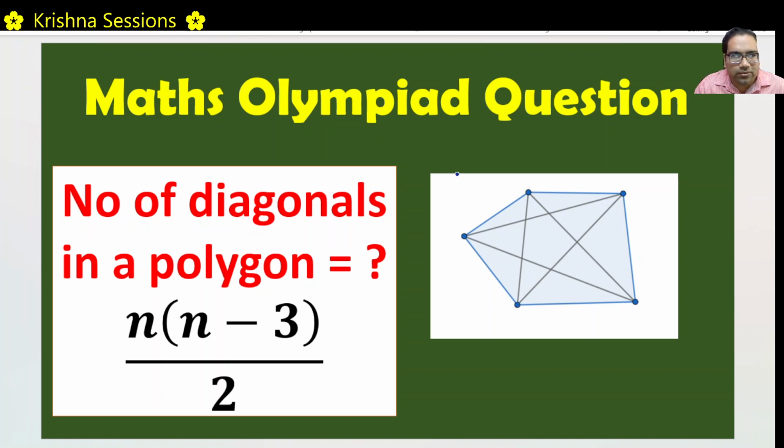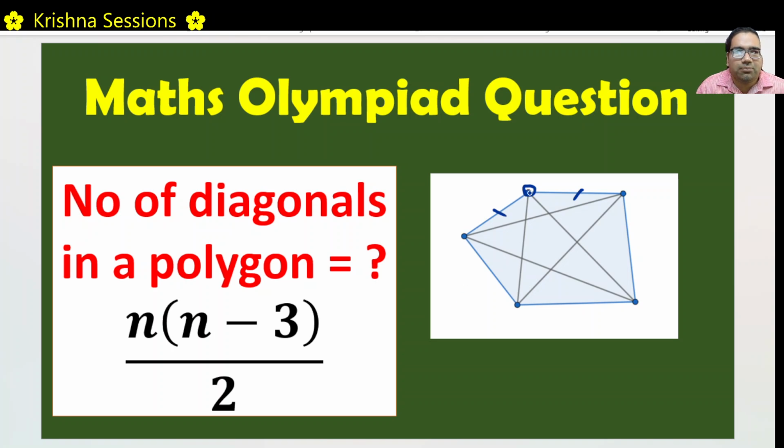So what do you see? If you take one point, to the point immediately right of it and immediately left of it, you cannot draw diagonals, because these are sides. They are not diagonals, they become sides. And you cannot draw a diagonal to itself.